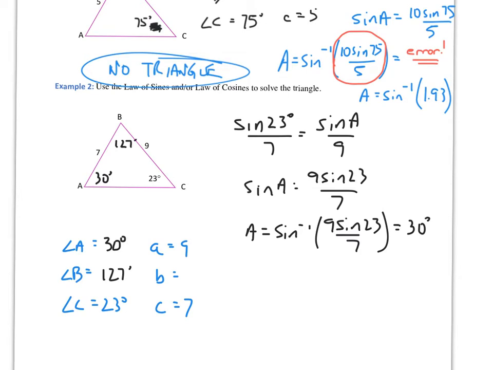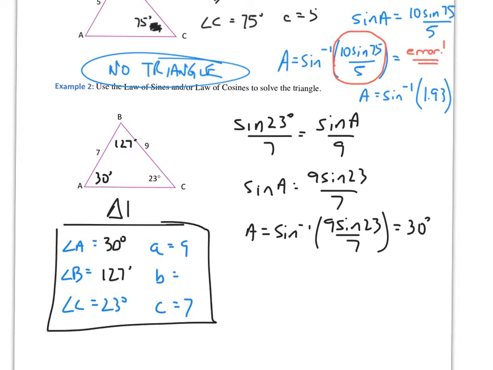The reason we're doing that is now all the angles add up to an exact 180 degrees. Now, here's how you get triangle number 2. This is triangle number 1. When you go to solve for your first angle measure, angle A, if you recall, I said we're always going to find our smallest angle first, and we just did that.